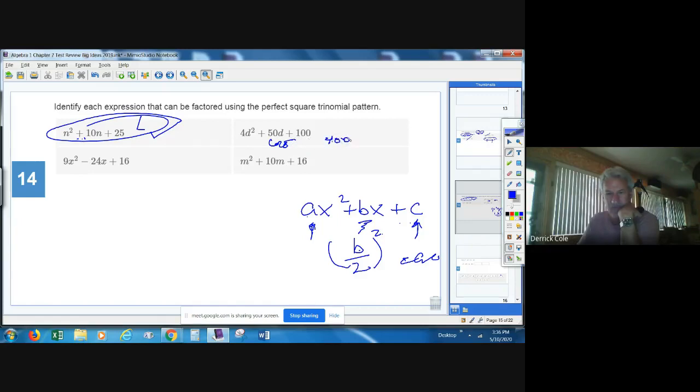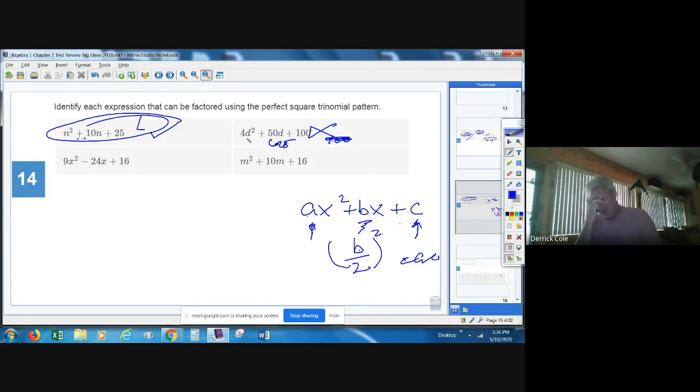4 times, 2 times, no way, this ain't 1, okay? So half of 50 is 25. 25 squared is 625. Is that right? I think so. Yeah. And then, right, so if I take the square root of 100, that's 10.